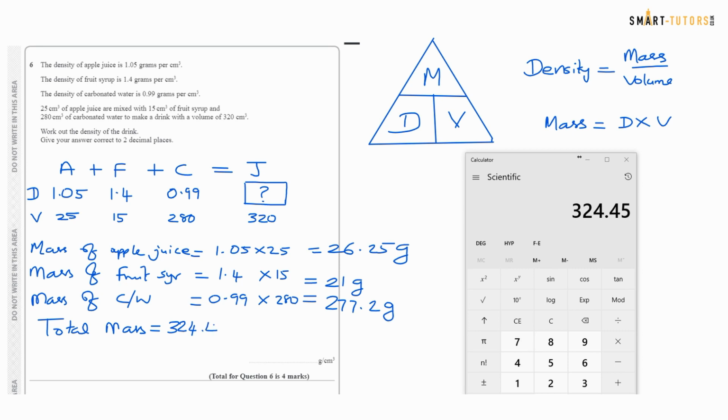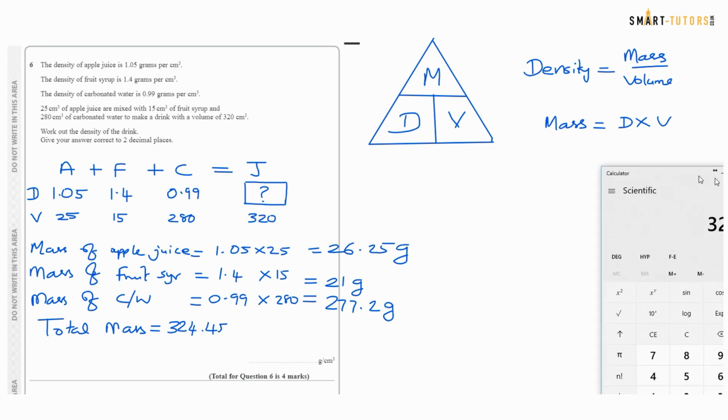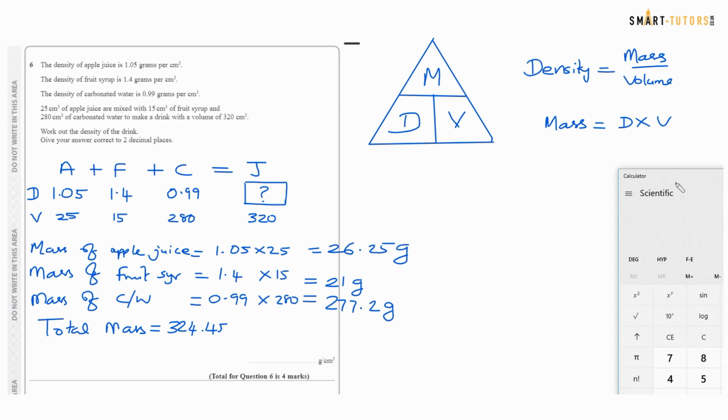So density equals mass divided by volume. So mass is 324.45 divided by the volume 320.